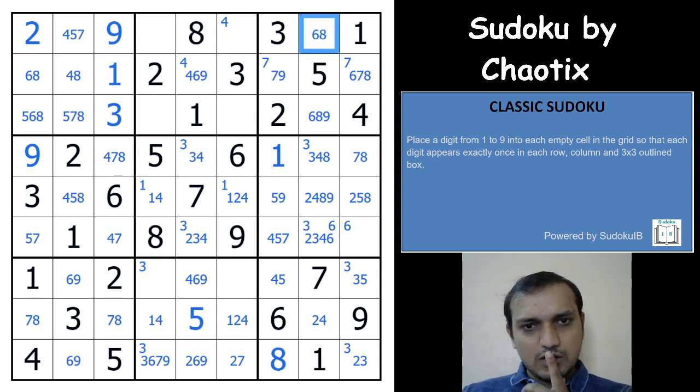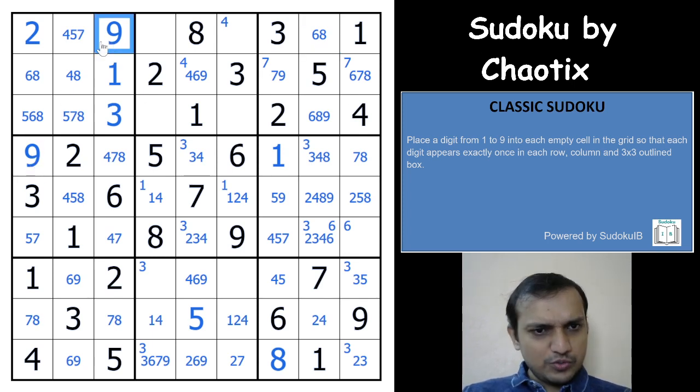This cell is not a 9. Come on. So we got a 9 here. Now what should we do? Seven, 8, 4 is in one of these two cells because you eliminate 4 from this cell.